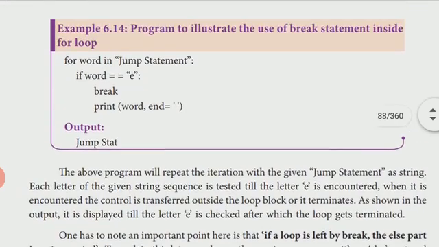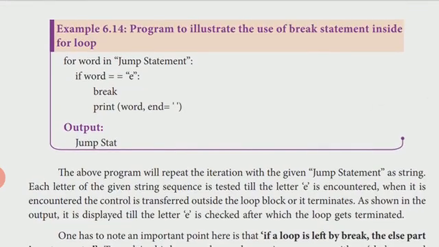Next one, see, this is the example: for word in jump statement, if word equal to E, break, print word comma end.